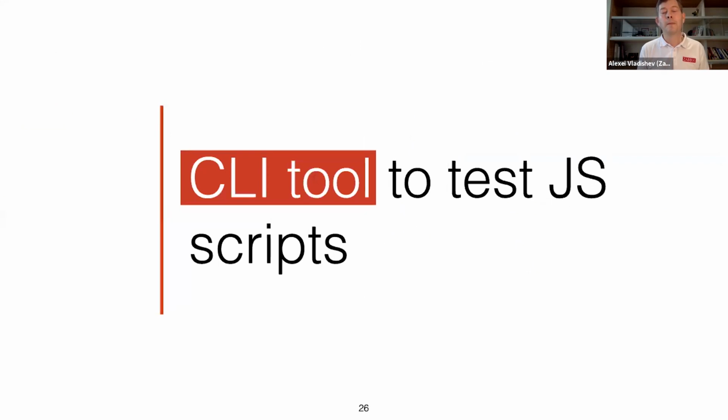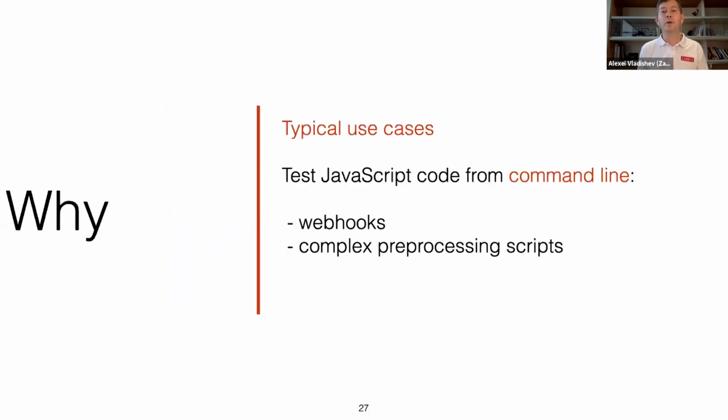What else? Since JavaScript becomes increasingly important in Zabbix, we may use JavaScript for webhooks. We can use JavaScript also for some complex preprocessing transformation rules. We decided to simplify the way users may test JavaScript. So we have introduced a command line tool, which is called zabbix_js, in order to work with JavaScript.